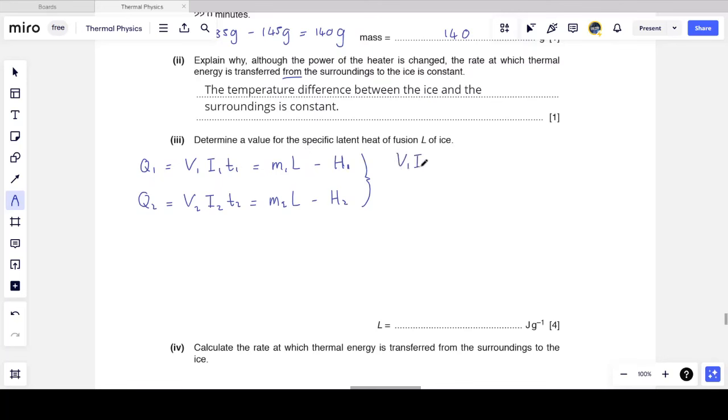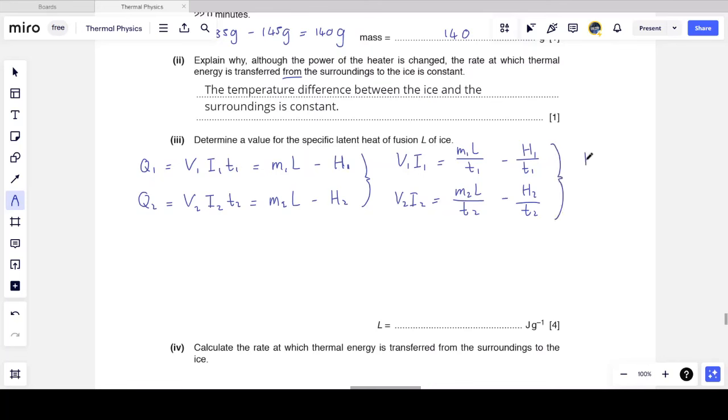I'm going to divide through by T on both sides of this equation. So I get V1 I1 is equal to M1 L over T1 minus H1 over T1. And the second equation becomes V2 I2 is equal to M2 L over T2 minus H2 over T2.